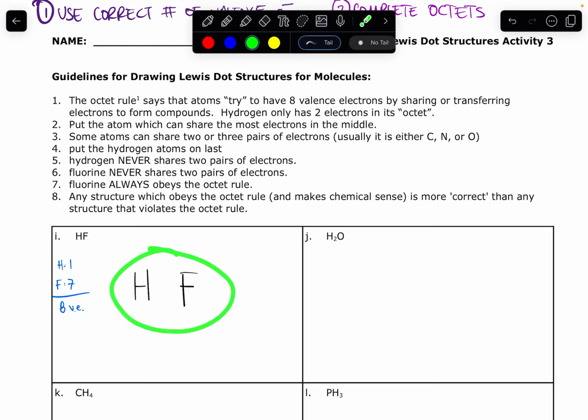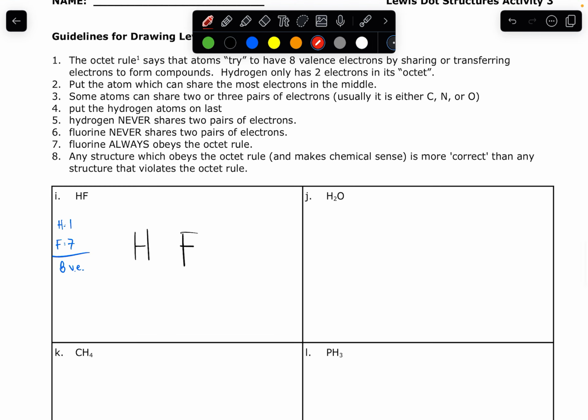Now we want to show that these two things are connected. We know they're connected because they have bonded into a compound. Step 3 on our steps to drawing Lewis structure says to put 2 electrons between atoms to form a chemical bond. So there we go.